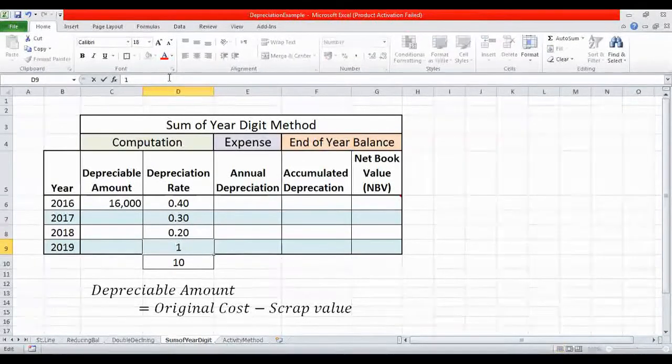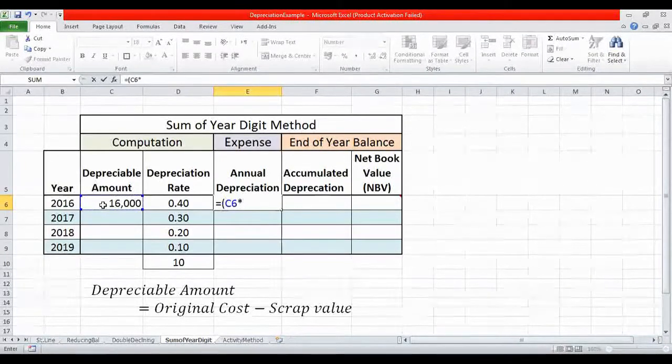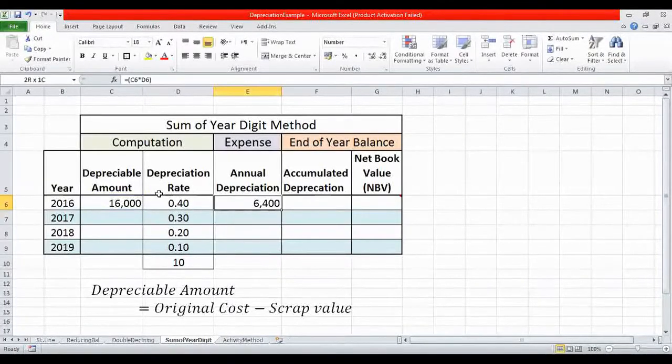Again 1, we are going to do exactly the same thing, divided by 10. So these are the rates. In this method, we are going to calculate the rates like this. The rest of the process totally remains the same. So in order to calculate annual depreciation expense, we are simply going to multiply the depreciable amount times the depreciation rate, 6,400.